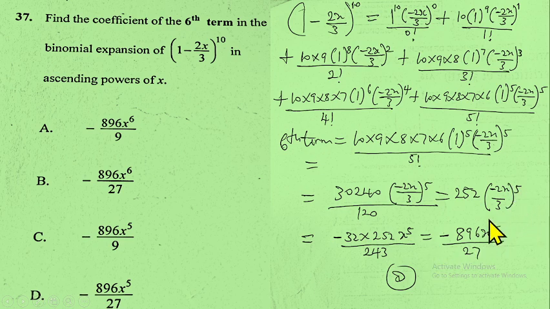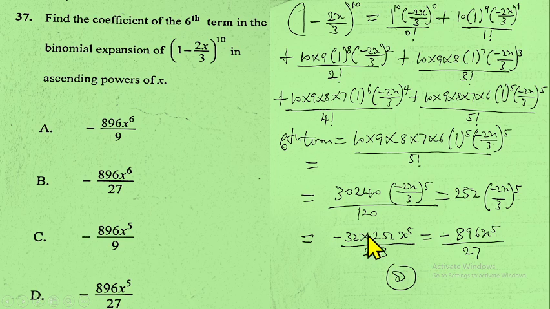We can simplify this further. Minus 2 raised to power 5 is minus 32. So multiply by these two, 252, then s raised to power 5 over 3 raised to power 5, which is 243.